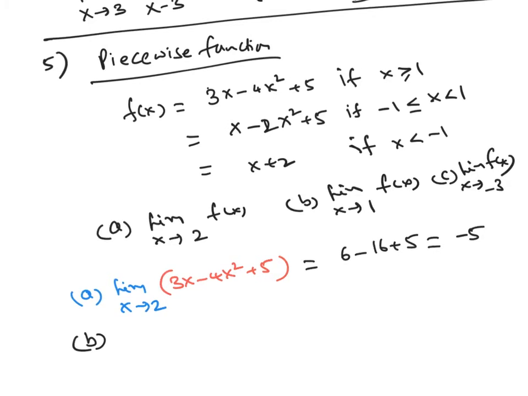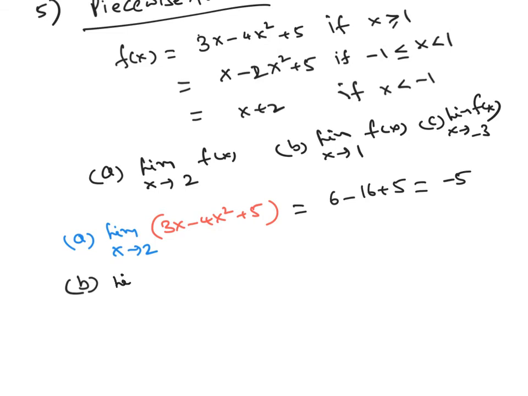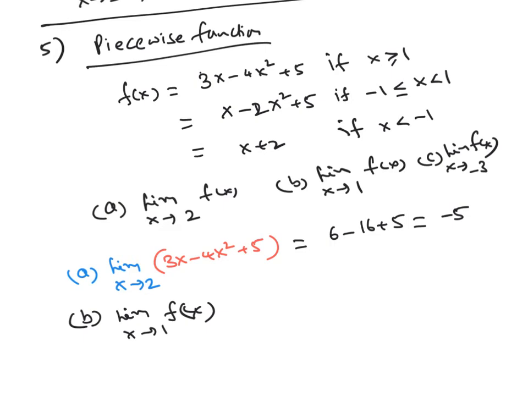And then for part B, the question is asking you to find out limit as x approaches 1. Here 1, I call that a split because that is where the function got split into 2 different pieces, when it is more than 1 and when it is less than 1.